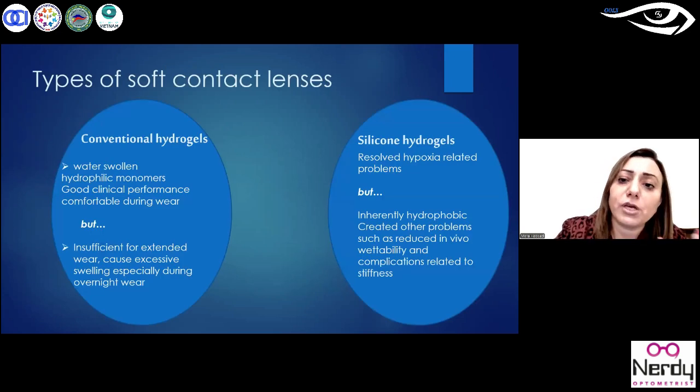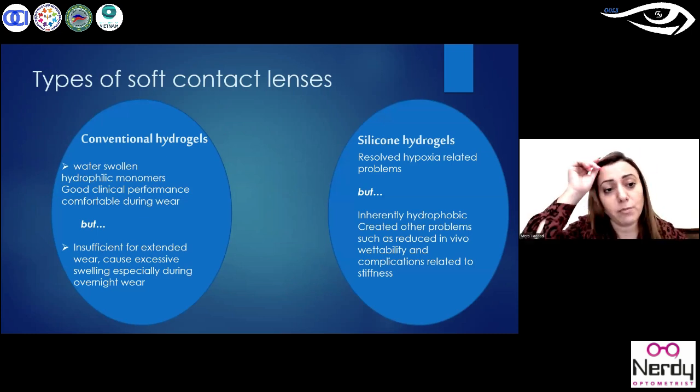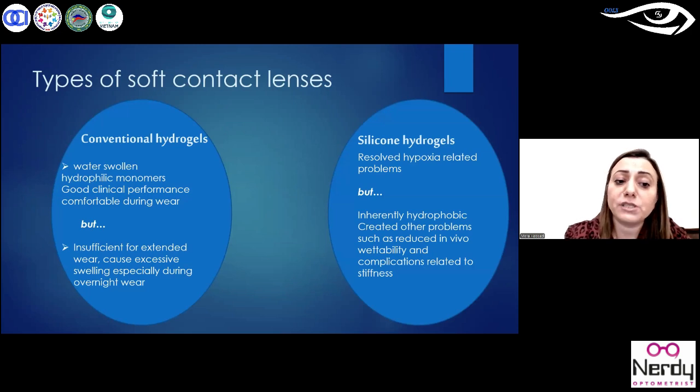So we have conventional hydrogel and silicone hydrogel. The conventional hydrogels are water swollen hydrophilic polymers, and they have good clinical performance, but they provide oxygen depending on the water content. Silicone hydrogel provides excellent oxygen permeability, but it is not without problems, because it allows an excellent amount of oxygen to the cornea, but the silicone is inherently hydrophobic.